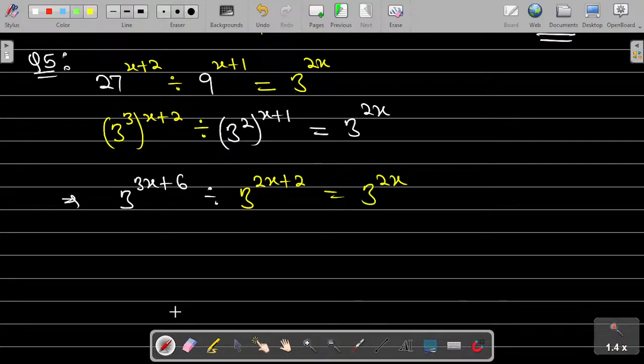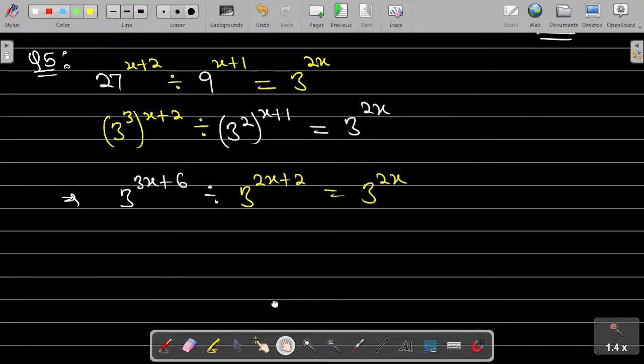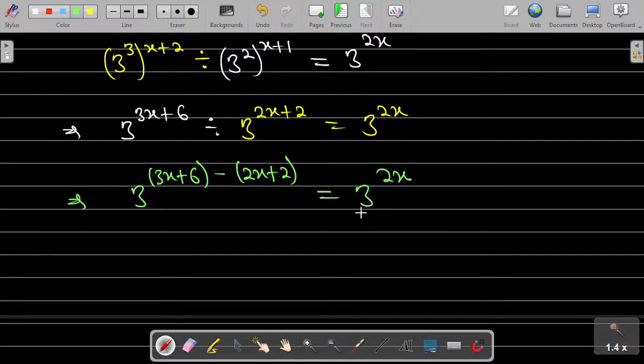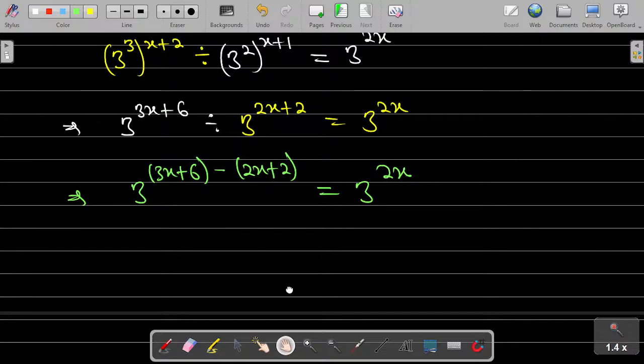Okay, so now what do we do? You join the left hand side using the division rule, which says pick one of the bases and then subtract the powers. So we'll have 3x plus 6 minus 2x plus 2, and that is equal to 3 raised to the power of 2x.